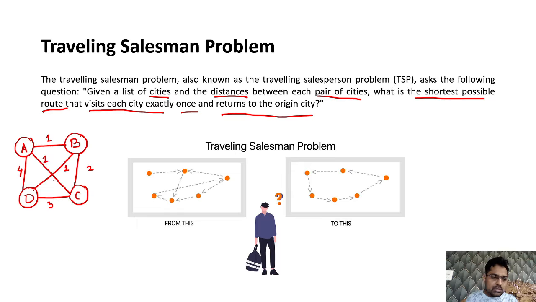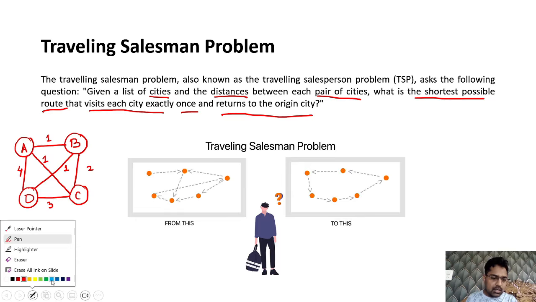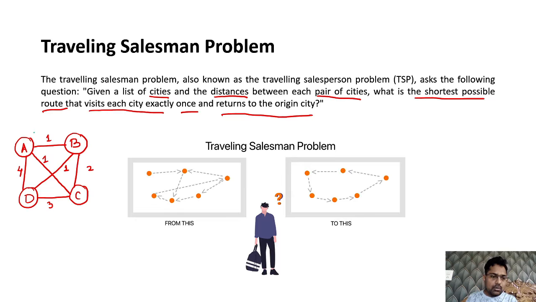If you start from A, I'm just changing the color. You can start from A, then B, then D, then A. For this, A to B, then C, then D, then A. You can write A or omit A at the end.